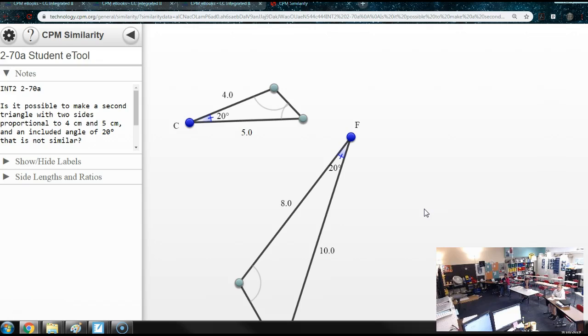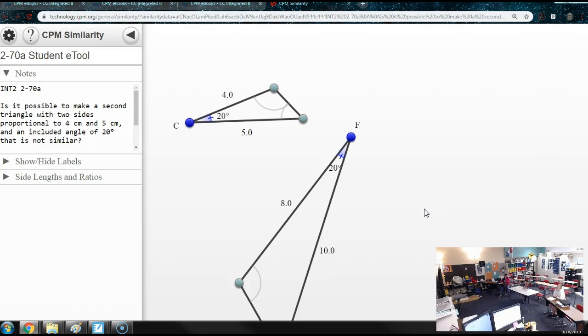No, and actually, these triangles don't even have 3-point names. We just have triangle with C and triangle with F, right? So if we compare triangle C to triangle F, what do we notice? They're dilated. What kind of dilation? By 2. Yeah, it's a scale factor of 2 or 1/2, right?